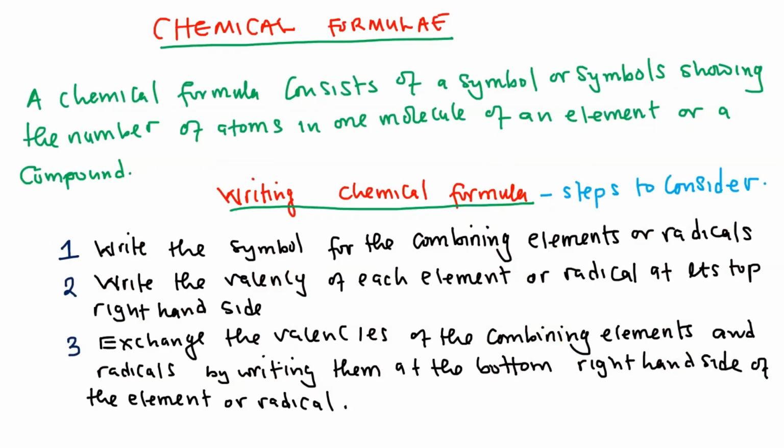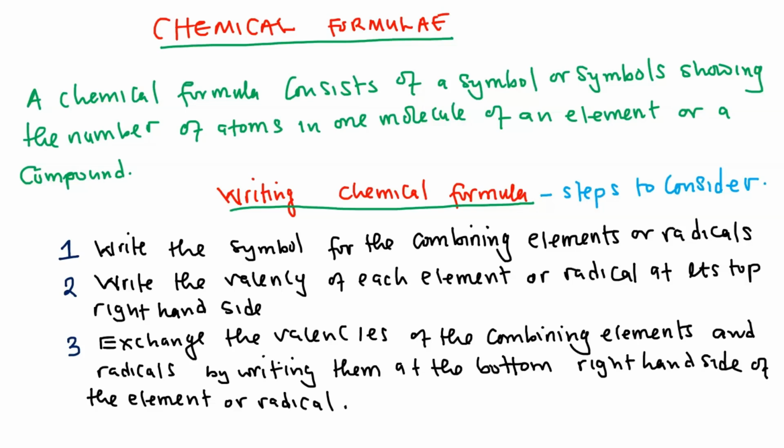The first part, we are going to start by looking at writing chemical formulae. It's very important that you also understand what a chemical formula is. A chemical formula consists of a symbol or symbols showing the number of atoms in one molecule of an element or a compound.